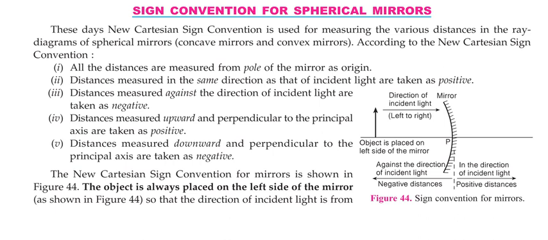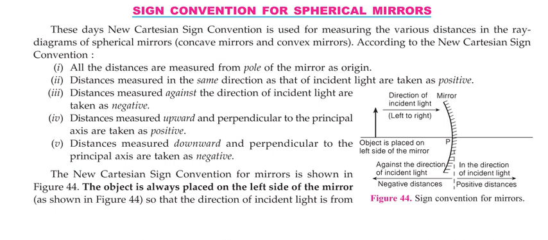Suppose a mirror is kept in such a way that the pole of the mirror is exactly equal to the origin of the graph. Here a mirror is kept. It might be a concave mirror or a convex mirror. The pole is kept in such a way that it is coincident with the origin.